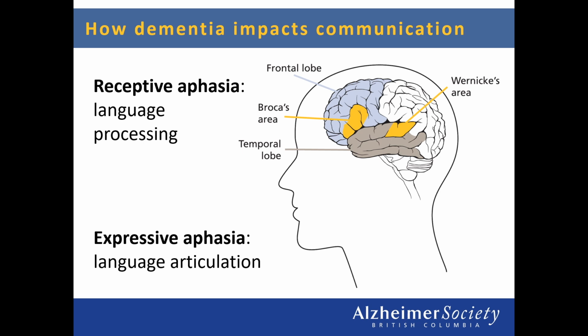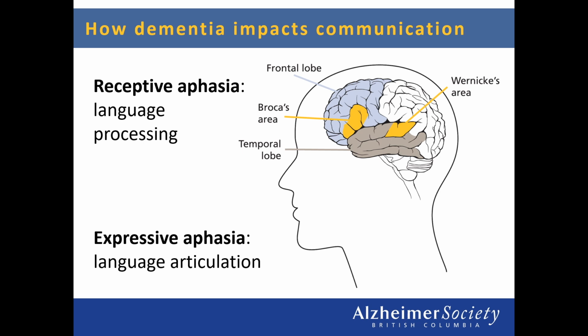They may have trouble formulating a response, generating speech, or using full sentences. Someone with expressive aphasia may primarily speak using nouns or verbs or adjectives. For example, they might say, walk dog, instead of, I will take the dog for a walk.